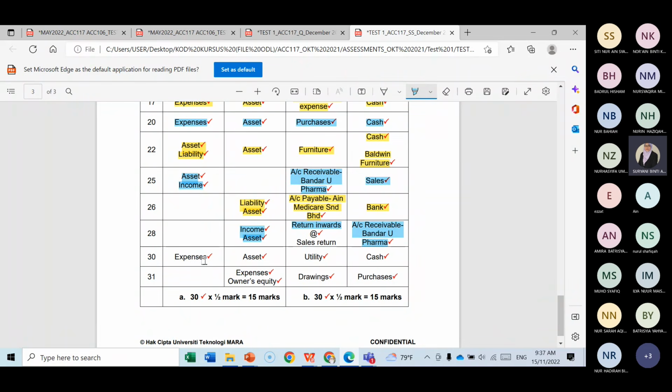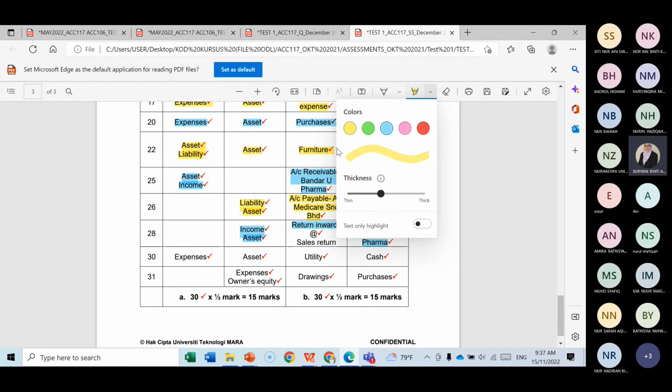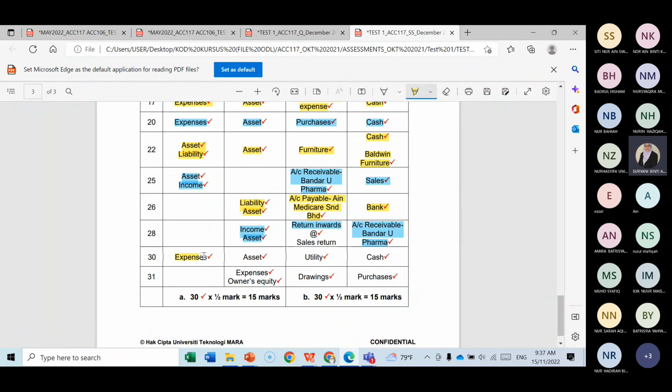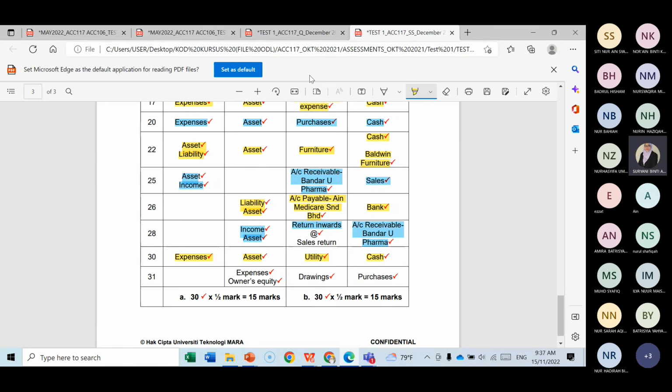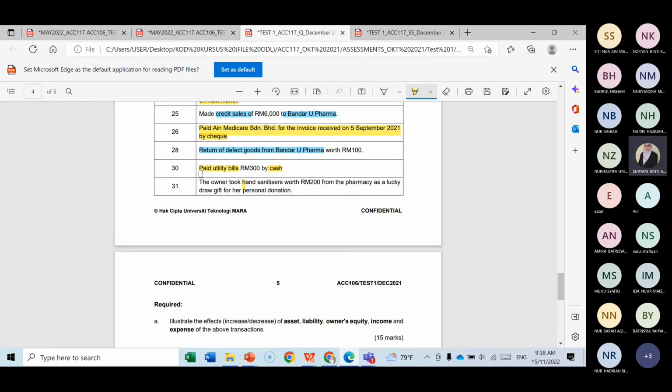Increase in expenses because you have utility bills, so debit the utility bills. Decrease in asset because you made the payment by cash. Let's move to the other one. Last one.